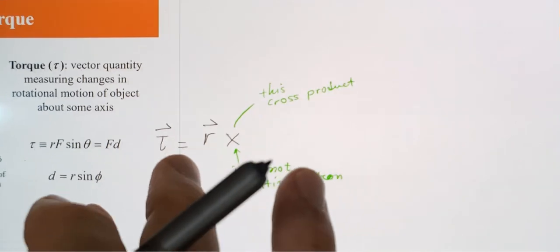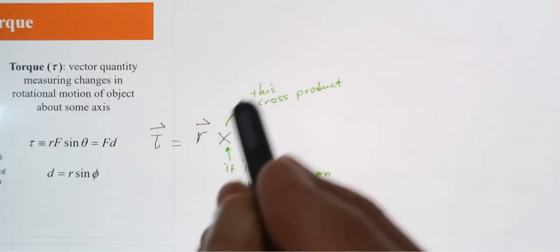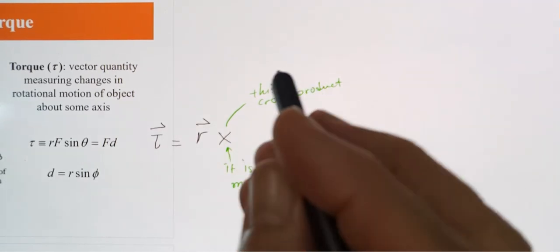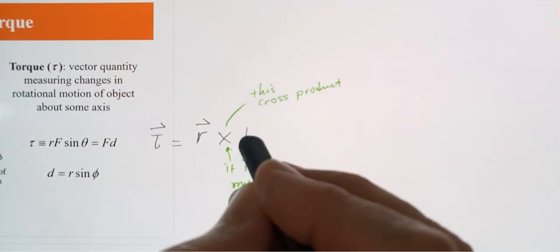Okay, professor, R cross what? Cross, not multiplication. We said again, it's not the multiplication of 3 times 4 equals 12. No, it's a tool. It's a cross product between two vectors. The other vector is the force.